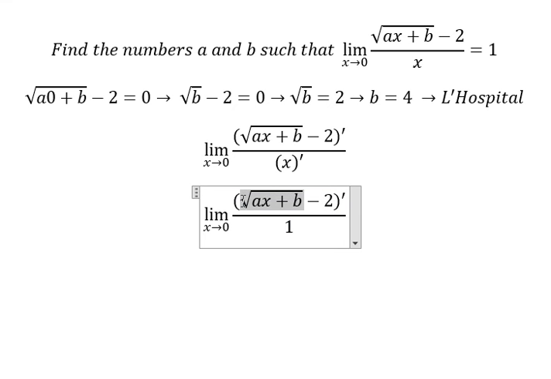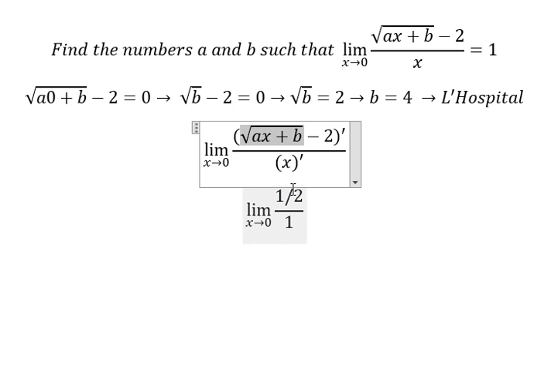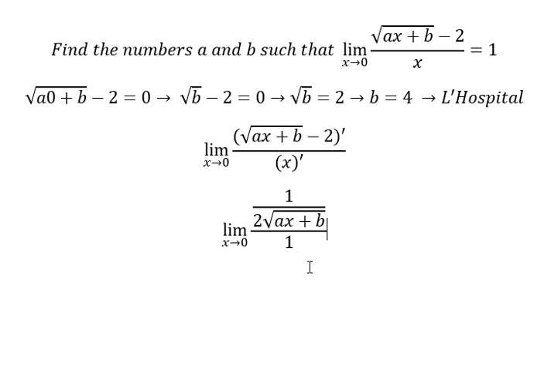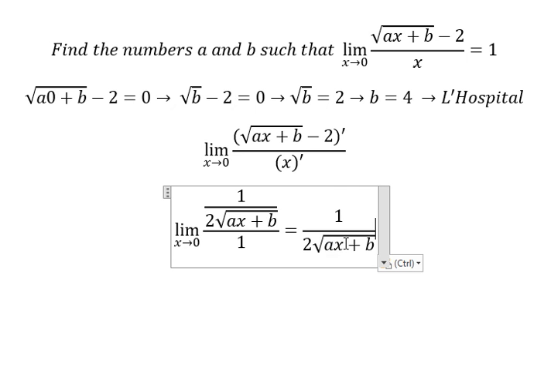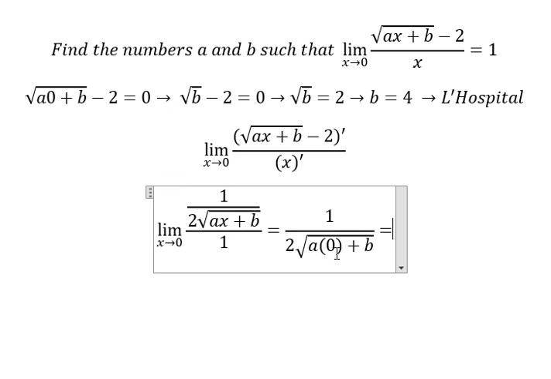This one we have 1 over number 2 times the square root of ax plus b. And now s approaches number 0, I will put in here. And now this one we know that we have the value of b, that is number 4.